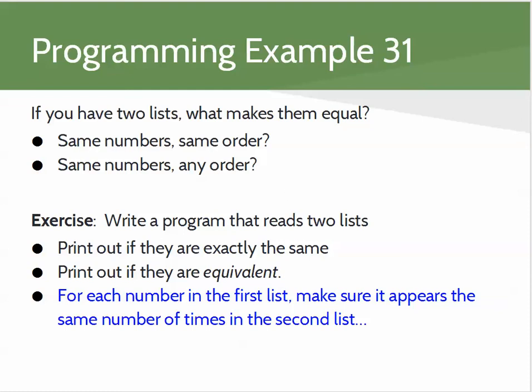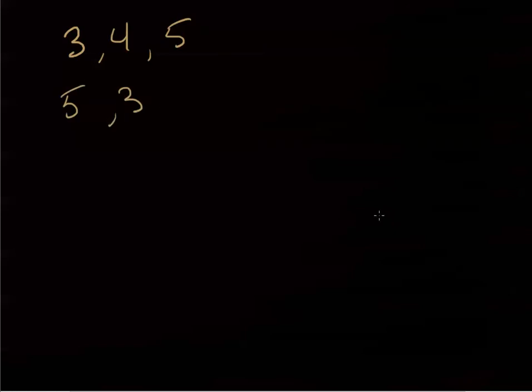So let's go back to the drawing board here. What I'm considering is if I've got a list like this, and another list like that, those are not equivalent. So for equivalence, they still have to be the same length.